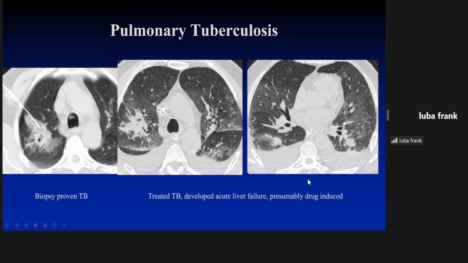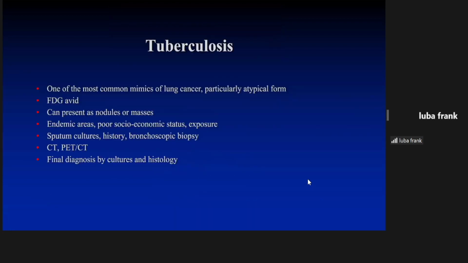But in addition, we're seeing more of a ground glass opacity. We're seeing bilateral pleural effusion. That is when he developed liver failure, respiratory failure, and unfortunately died. So tuberculosis is actually one of the most common mimics of lung cancer, particularly its atypical form. It is FDG avid, and that's what happened with our patient as well.